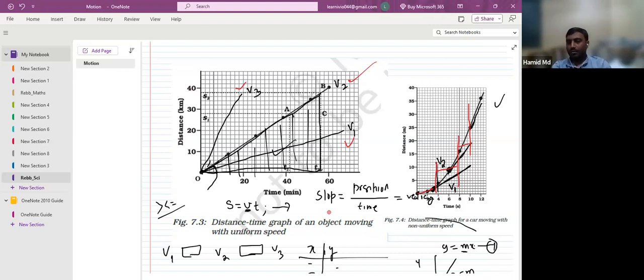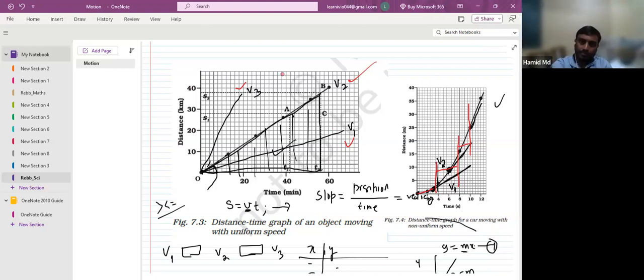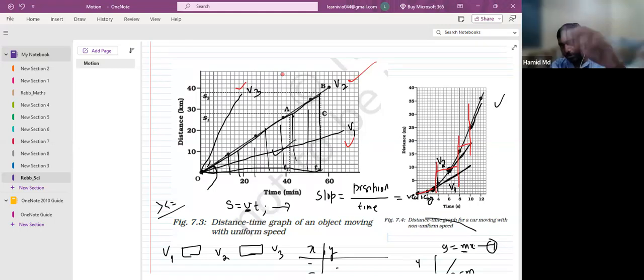Another way I'm asking for the left graph: whose slope is larger? V1 slope, V2 slope, V3 slope. One is like this, one is like this, and another is like this.